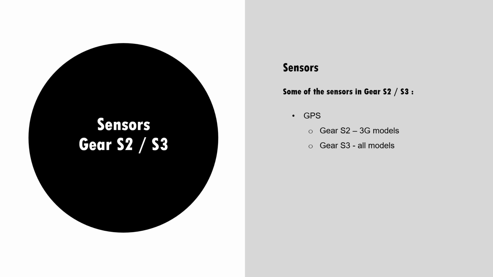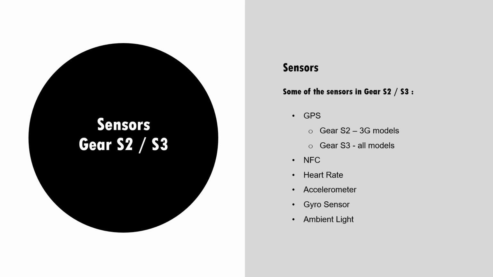So if it is a Bluetooth device and it does not have a GPS chip, the location API automatically tries to get the location information from the phone that is connected to your gear. If you want to get the location information on the Bluetooth version, the device must be paired with the phone. And then we have NFC, heart rate sensor, accelerometer, gyro sensor, and ambient light.